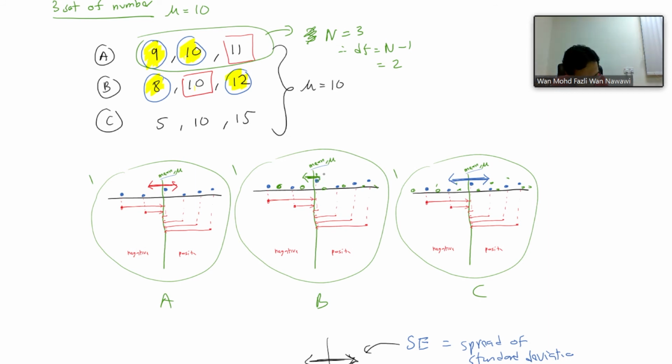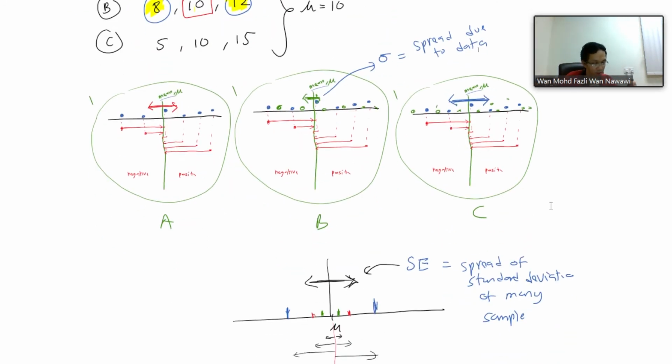When you find the spread of the data, this is sigma. This is the spread due to the data. But this is the spread due to the standard deviation itself. You combine all the standard deviations, and that's what we call the standard error.